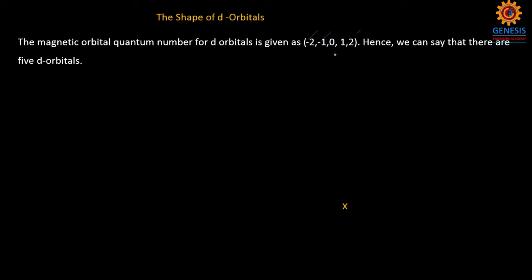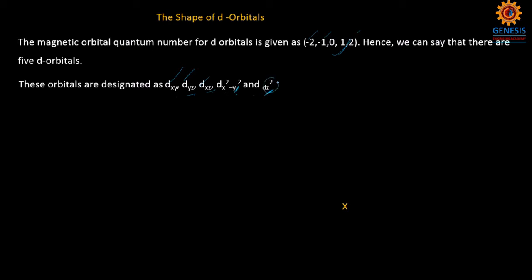The orbitals are designated as dxy, dyz, dzx or dxz, then dx square minus y square, and dz square.